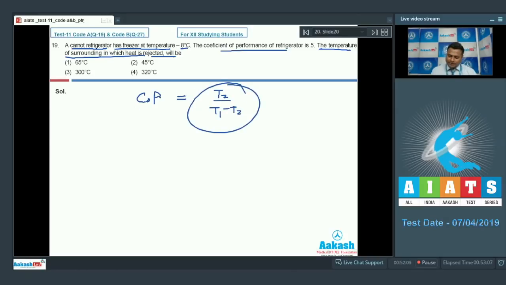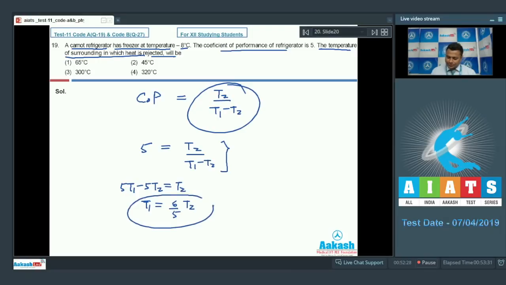Now COP, which is already given here, 5 equals T2 upon T1 minus T2. Cross multiplying gets us 5T1 minus 5T2 equals T2. So therefore T1 will be 6 by 5 times T2.